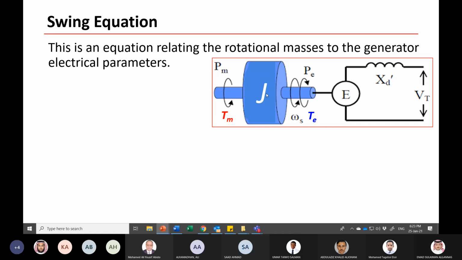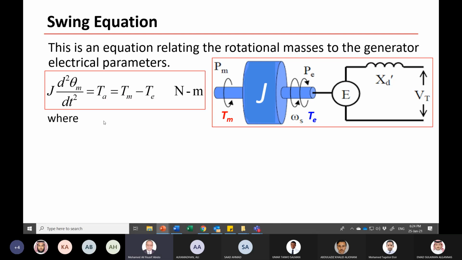And this is the inertia of the generator rotor. And this is the electrical power or electrical torque output, which is converted to current and voltage here. So you have here P mechanical input, P electrical output, and you have the speed here, which in normal cases, at steady state, is synchronous speed.